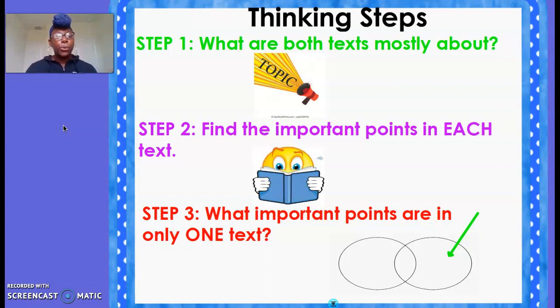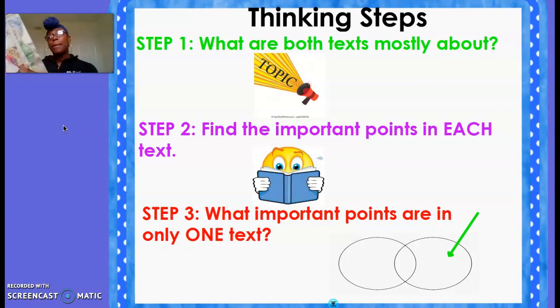Step 2, say it. Good. Find the important points in each text. Ready? Good. I really hope you guys are watching and saying it. So my second step is finding the important points in each text. That means I need to go in my text and I need to reread. I need to make sure I am looking at each page carefully.